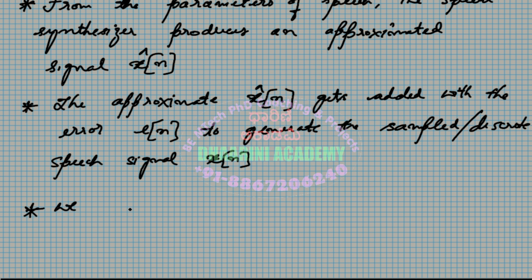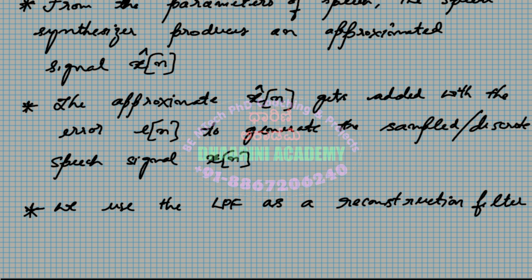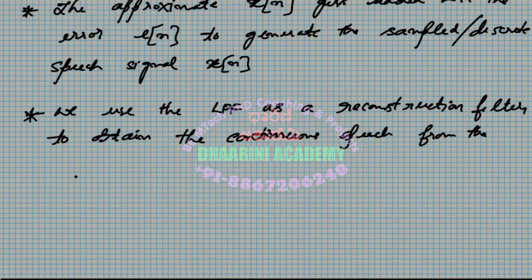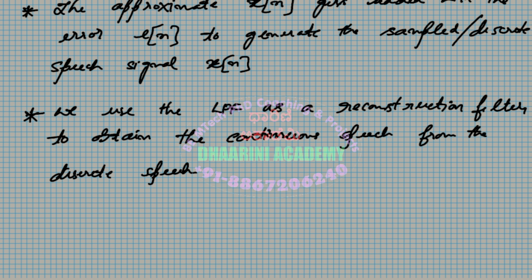So we use the low pass filter as a reconstruction filter to obtain the continuous speech from the discrete speech. So this is what happens inside the receiver.